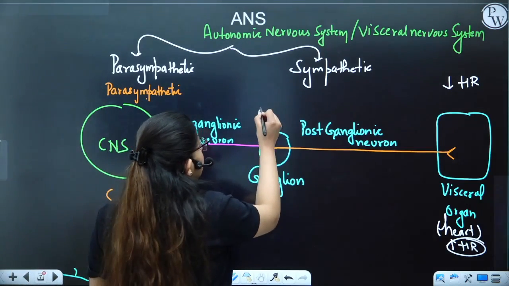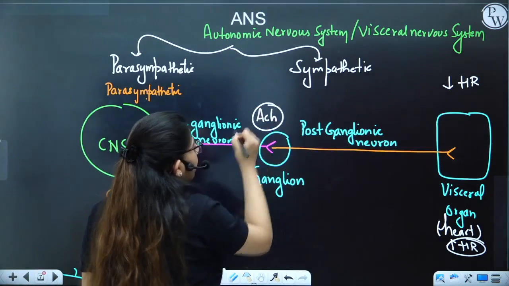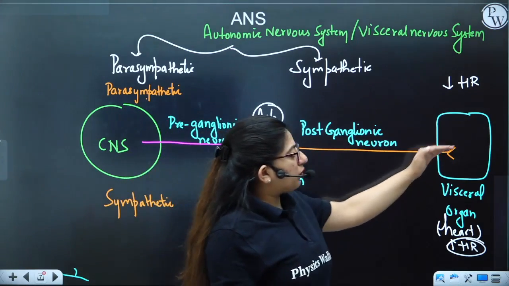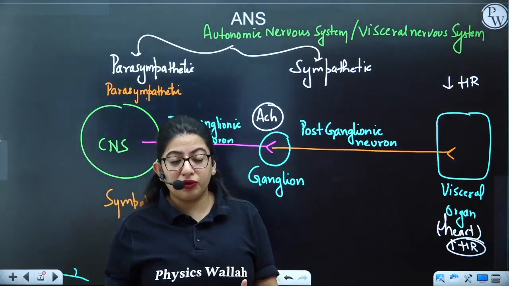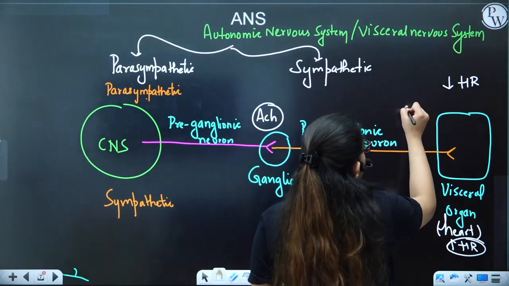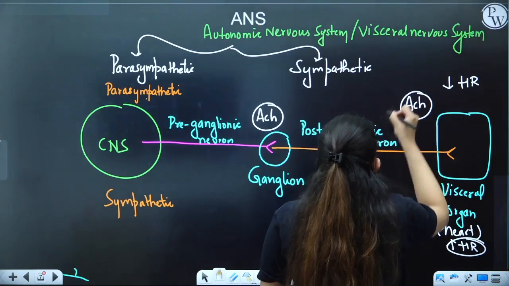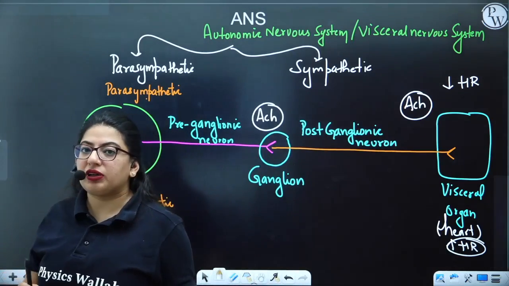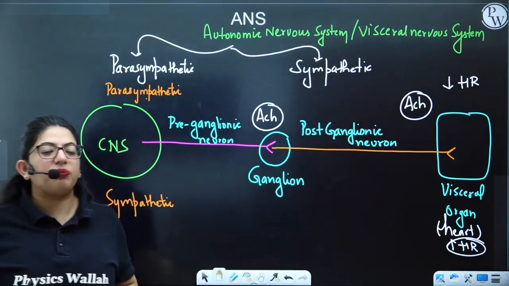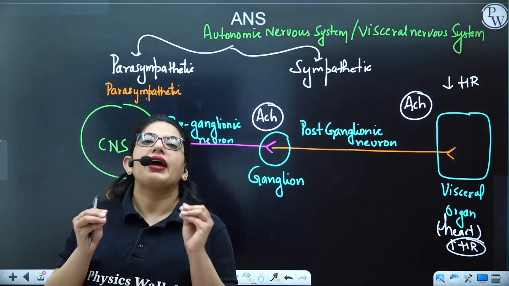Here the neurotransmitter released will be acetylcholine. Again, the information is going to the visceral organ, and information is always released from the neuron in the form of a neurotransmitter. Again the neurotransmitter released here will be acetylcholine. So we say that in the parasympathetic nervous system, the neurotransmitter released will always be acetylcholine.